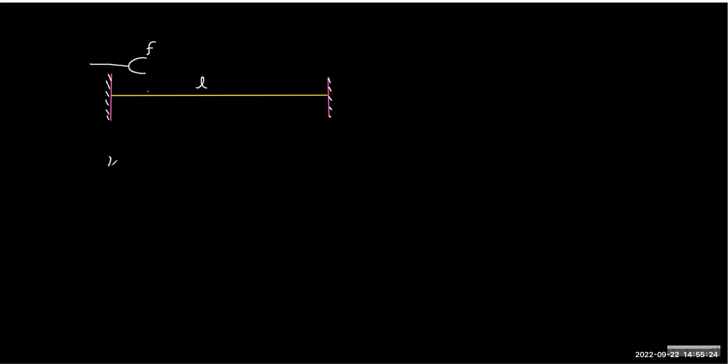So the string will set itself into oscillation with a frequency equal to the tuning fork.